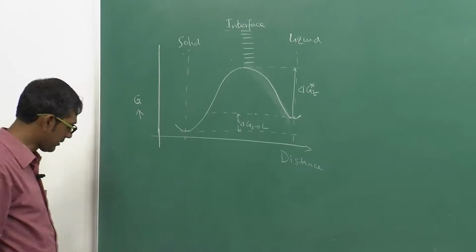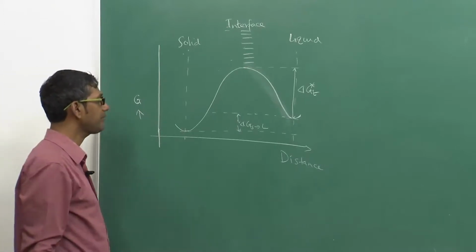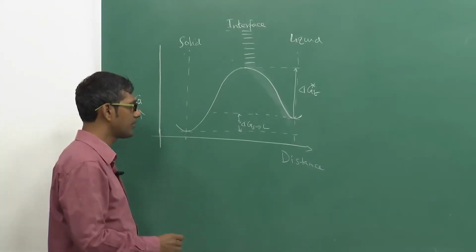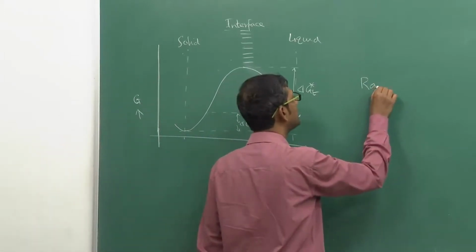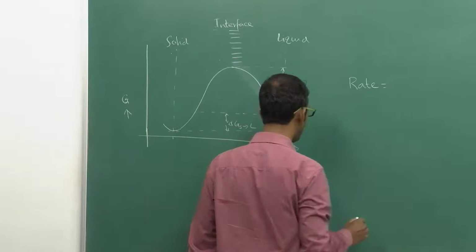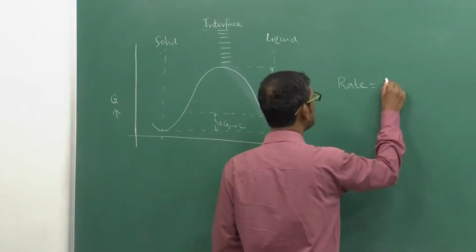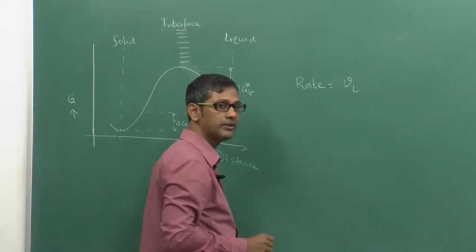If this is an activation control process, then what is the rate? The rate can be defined as the frequency of the atomic jump from the liquid to the solid.